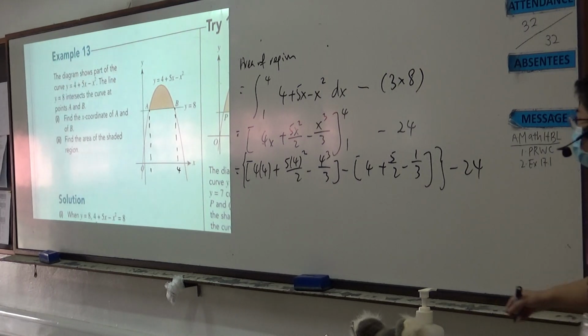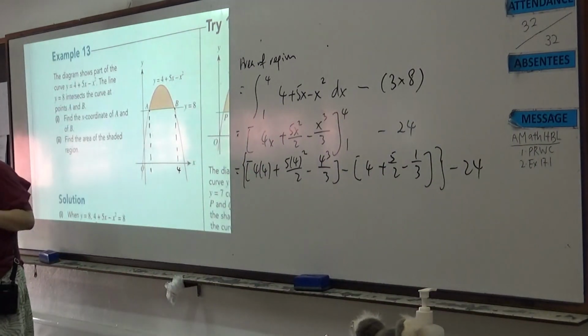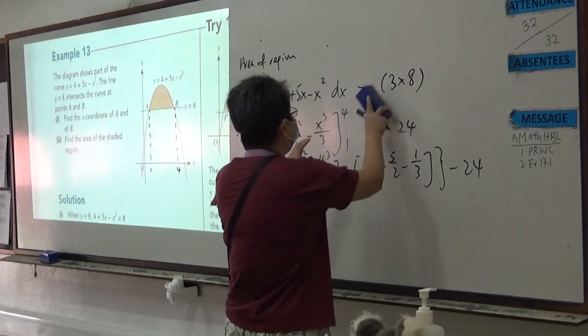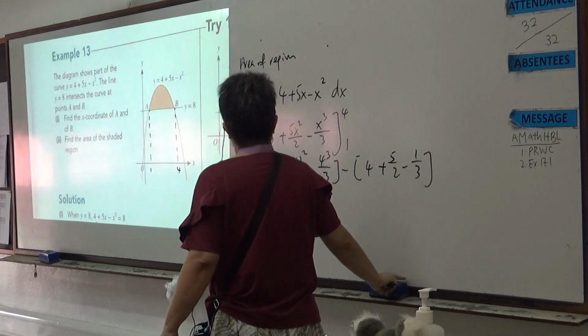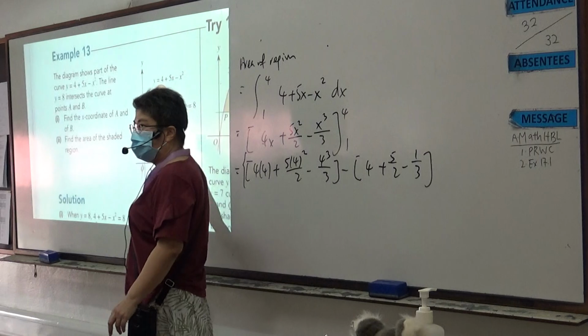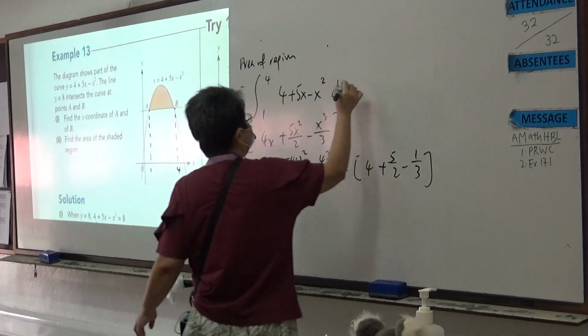Now, I personally prefer shapes, but if you don't want shapes, you can also do it this way. Area of the region, I will integrate from here to here.